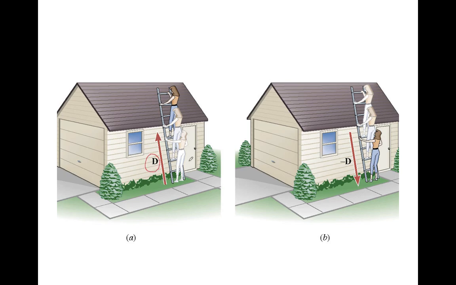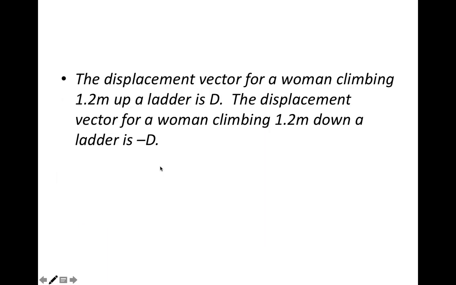Going up is positive. And then if you go down the stairs, it's represented by vector negative d. So the vector becomes negative, it flips the direction of the vector. The displacement vector for a woman climbing 1.2 meters up a ladder is d. The displacement vector for a woman climbing 1.2 meters down a ladder is negative d.